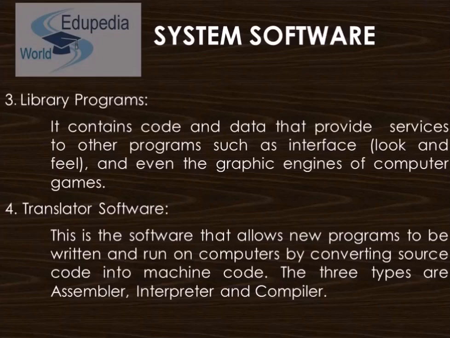They are the translators for all the high-level languages or the user-friendly languages, where an interpreter converts a high-level language such as JavaScript into machine code one line at a time, and a compiler converts a high-level language such as C++ into machine code all at once.